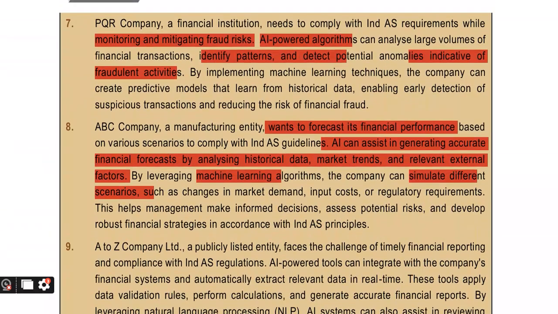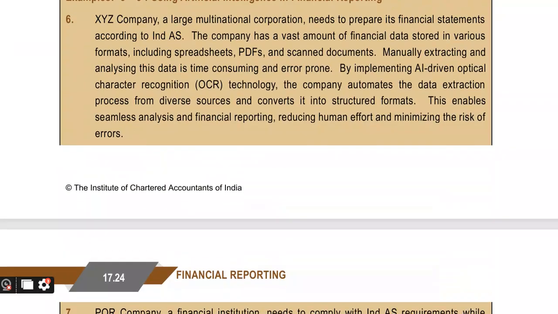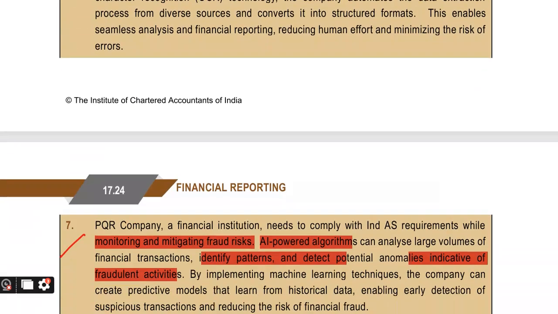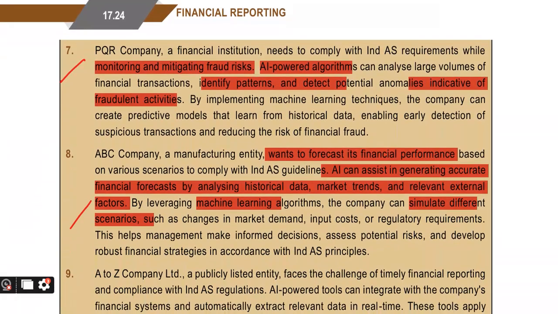And I just want you to see at least any two of the examples. If they ask a question such as give two illustrative examples of the use of artificial intelligence in financial reporting, please quote any two examples. Here, it is indicative of fraudulent activities.